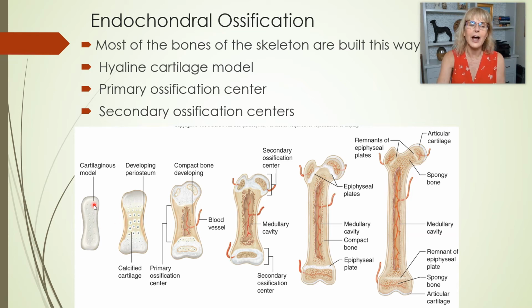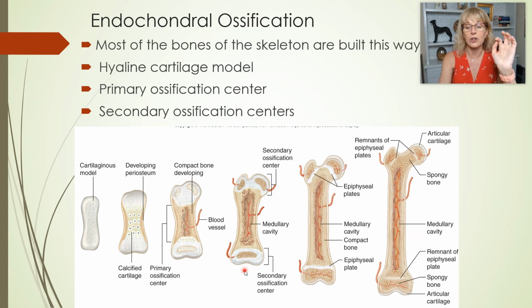And then that little hyaline cartilage bone started turning into a bone kind of bone. That was called the primary ossification center. By the time you were born, there were other areas at the epiphyseal areas that also started to turn into bone kind of bone, and those get called secondary ossification centers. So when you were a baby, your bones looked like this.